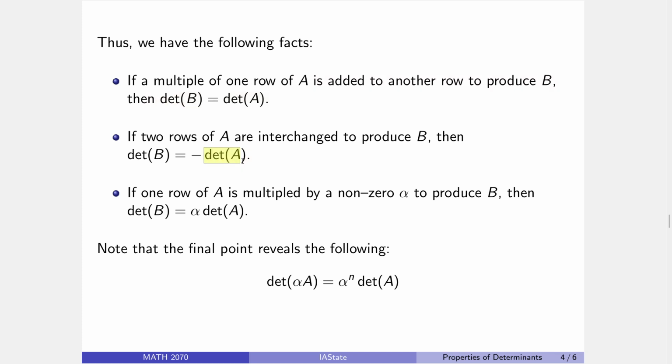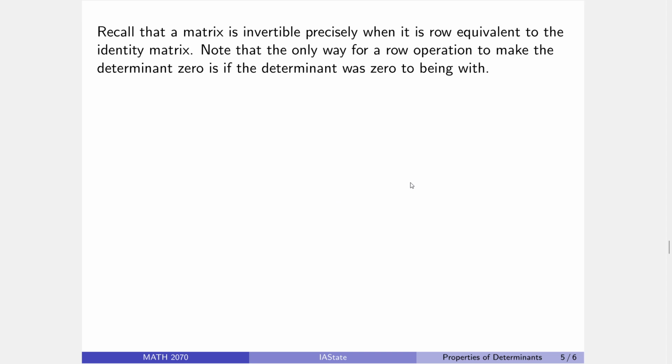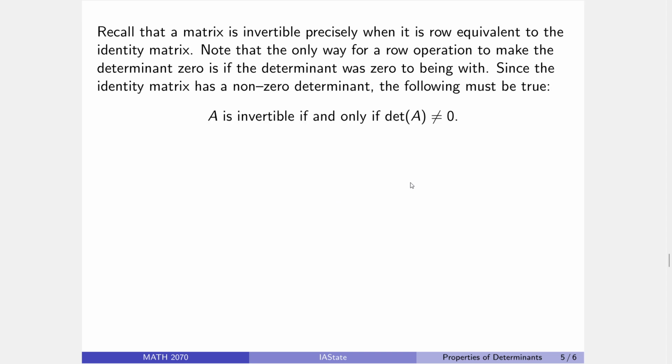So the only way I got a zero for the determinant of B is if the determinant of A was zero. And likewise, scaling by a non-zero thing, well, the only way the determinant of B was zero is if the determinant of A was zero. So no row operation can make the determinant zero unless it was already zero to begin with. And as noted, the identity matrix has a non-zero determinant, so you are invertible precisely if your determinant is non-zero. There we go. As promised, the magic number detects invertibility.